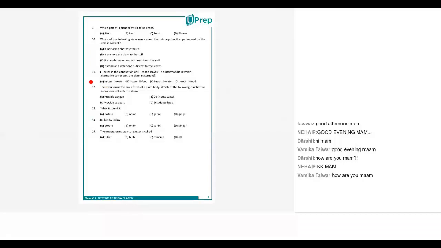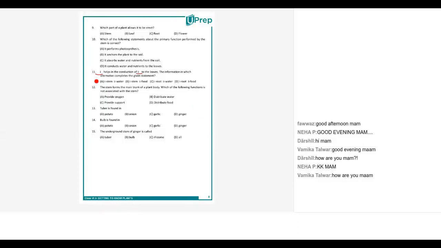Yes, ma'am. In the test also there are some weird questions you can't understand. Okay, so basically, treat it as a blank. Dash helps in the conduction of dash to the leaves. Stem helps in the conduction of water to the leaves.